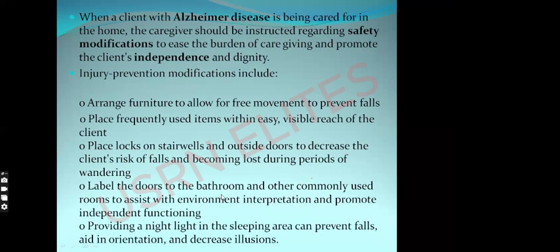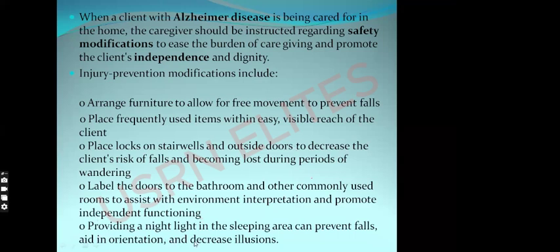You label doors to bathrooms and some commonly used rooms with an interpretation that the patient can recognize, so that the patient can be using those places without help.